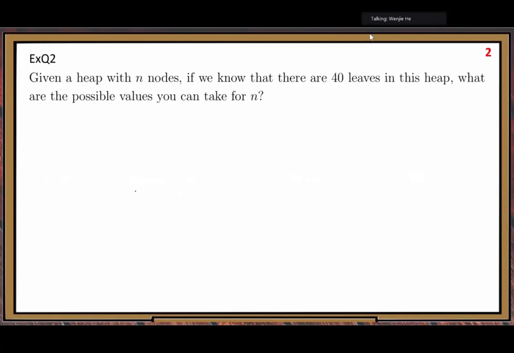Second one: given a heap with n nodes, if we know there are 40 leaves in the heap, what are the possible values you can take for n? The number of leaves is known, 40. What is the formula for the number of leaves with n nodes?